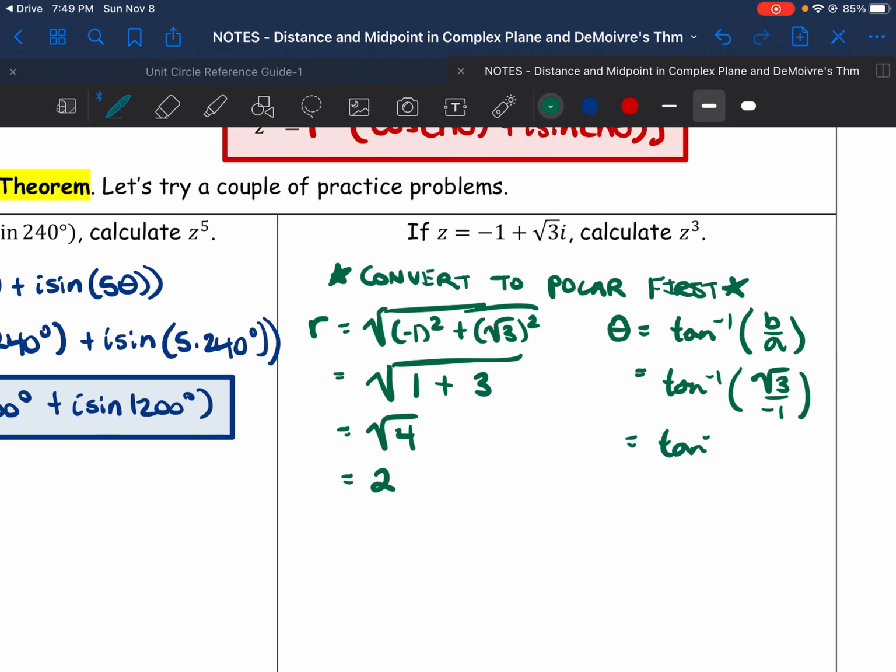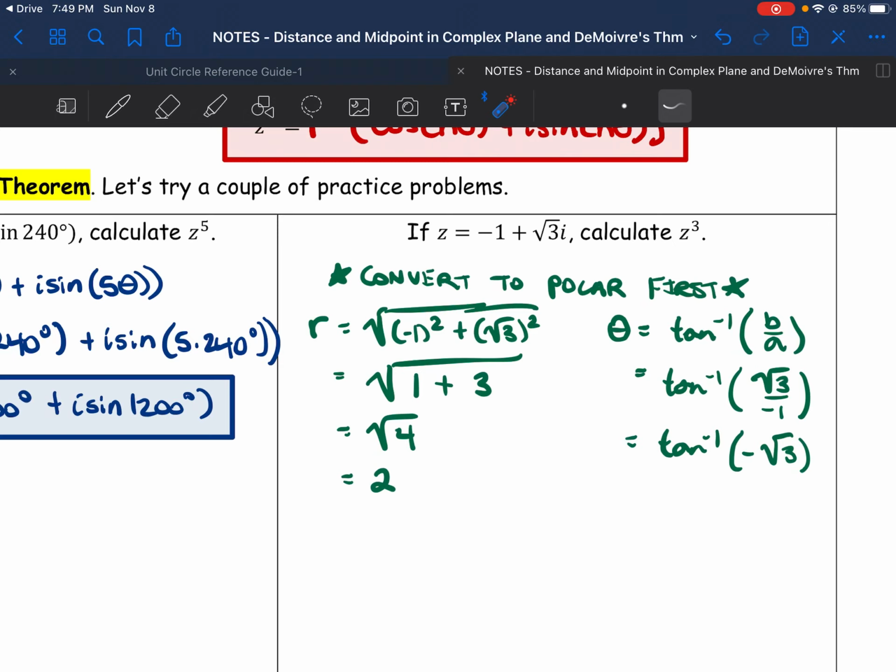This just gives us the inverse tangent of negative square root of 3 after simplifying. And that means we want to go to our unit circle and find out where the tangent is negative square root of 3. Specifically, since the real part is negative and the imaginary part is positive, negative comma positive, that would be the second quadrant.